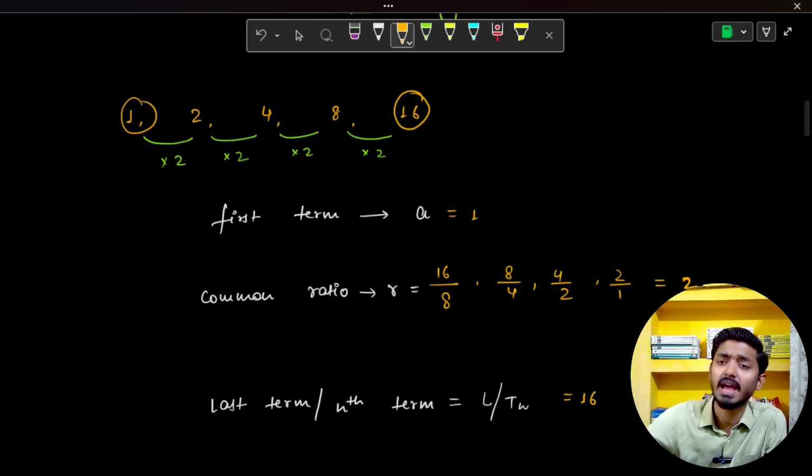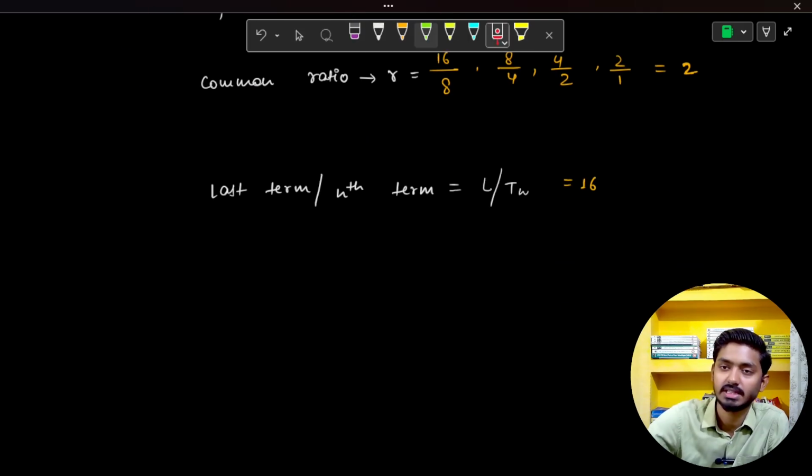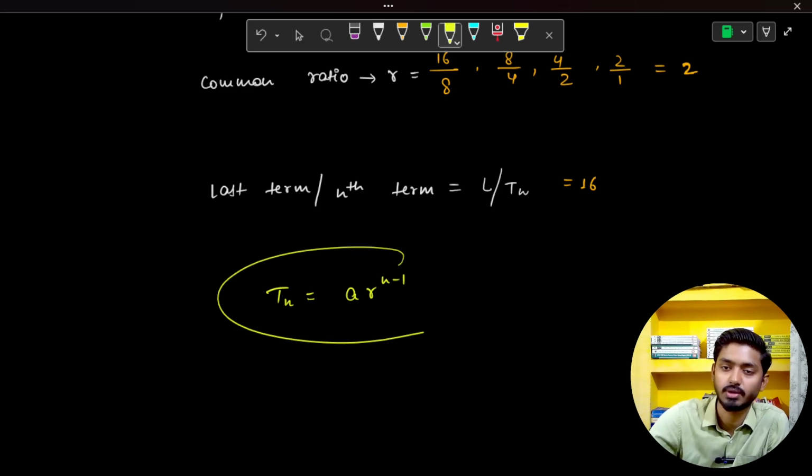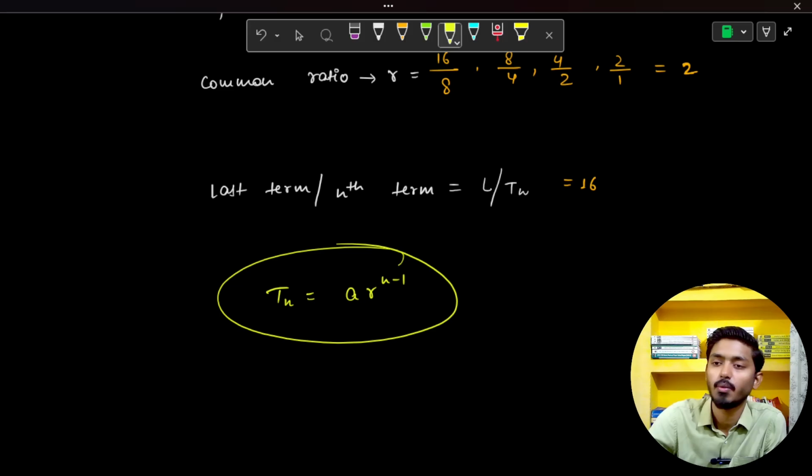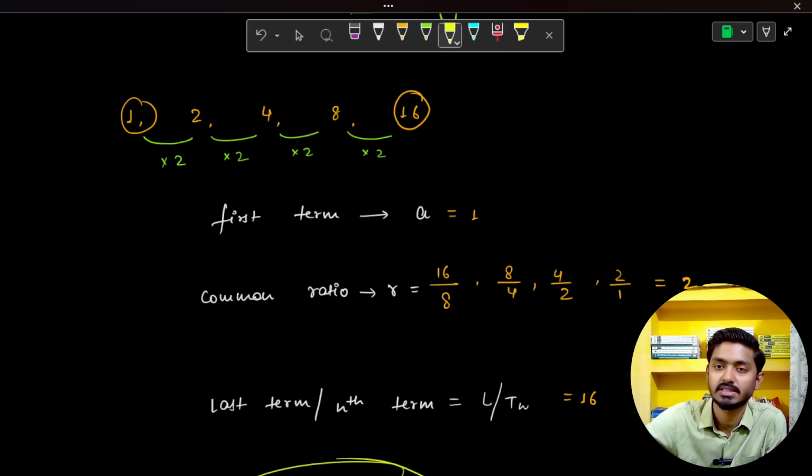Now, we have learned the general formula for Tn in arithmetic progression. In this case, the general formula for geometric progression would be Tn equals a r to the power n minus 1. You have to learn this formula. Now, where would we use this? Let's say in this same progression, they would have asked what the next term would be: 1, 2, 3, 4, 5, 6.